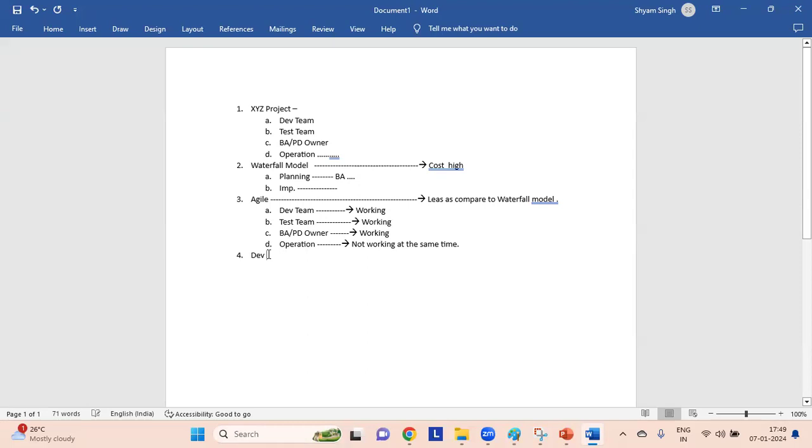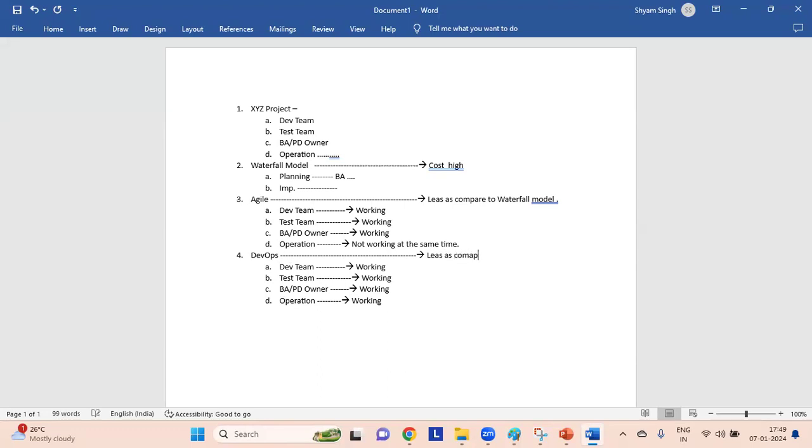But in DevOps, as the name itself says, it is a combination of development and operation, right? So here all are working. So the cost of the DevOps model, with the project being the same XYZ, is less as compared to agile development.